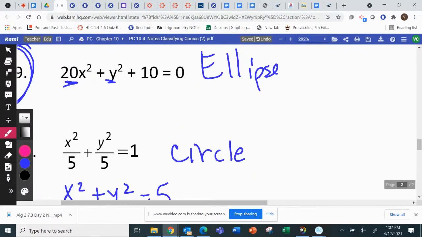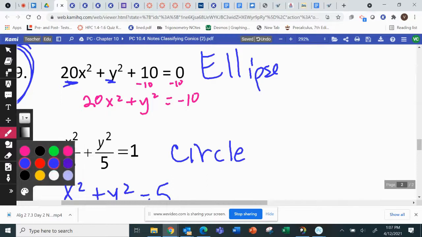Number 9, if I set this equal to 1, if we put it in the format it's supposed to be in, I would first take away 10 to put it into its standard graphing form. And then to get it to equal 1, I would have to divide by -10.